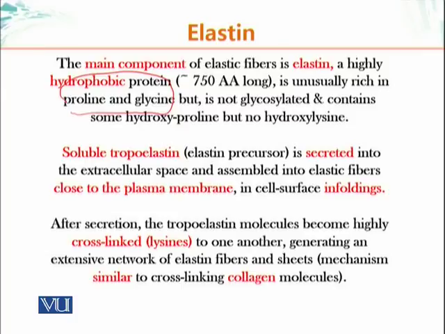After secretion, the tropoelastin molecules become highly cross-linked. The lysines, again here, are similar. This is a similarity between elastin and collagen. And this results in generation of an extensive network of elastic fibers and sheets. This mechanism, again, is similar to the cross-linking mechanism of collagen.